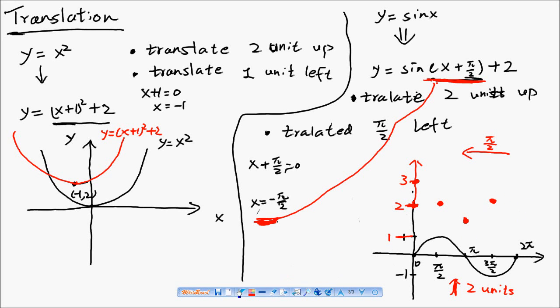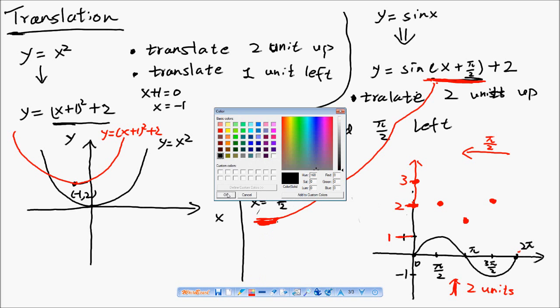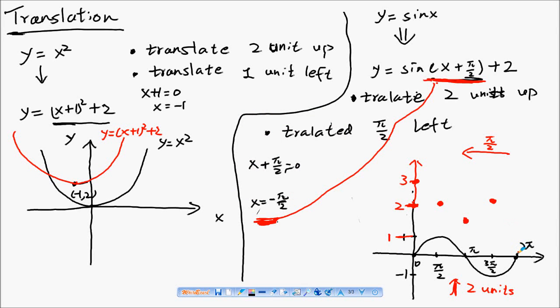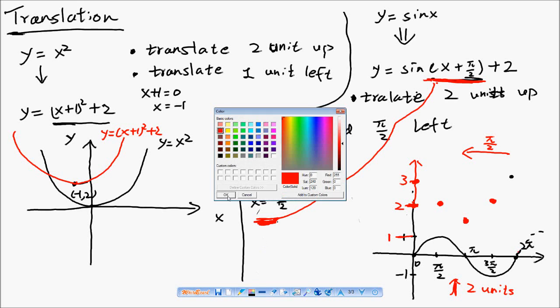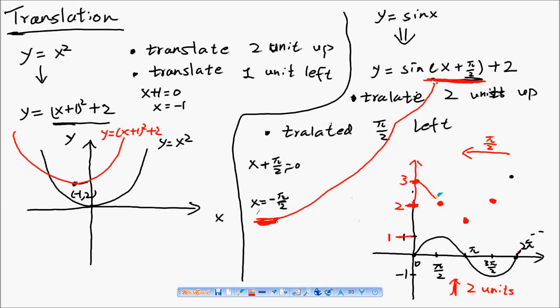As we talked about before, the sine graph is continuous, something like this. Now the whole thing moved pi on 2 units, so it should have this shape, and let's connect it. It looks like a similar shape, just translated slightly.